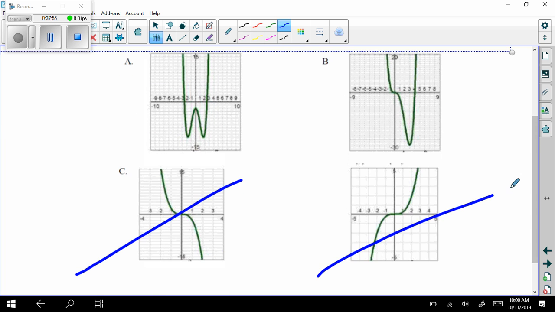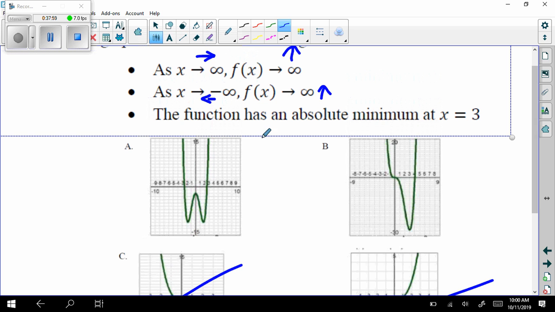That means it's not that one. And it has an absolute minimum at x equals positive 3. Absolute minimum means it's the lowest of the entire graph. Nothing goes lower at x equals positive 3. This one looks like it's at 2. This one right here is at 3. That's it. So it's B.